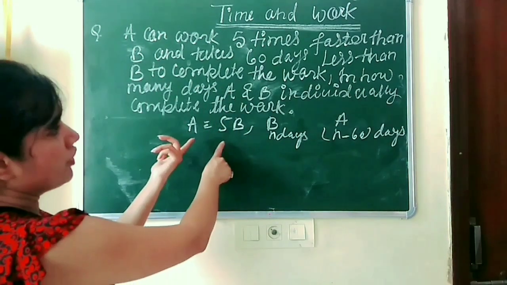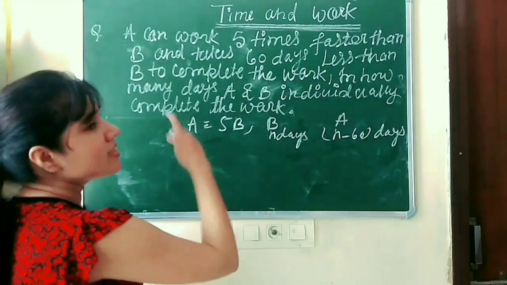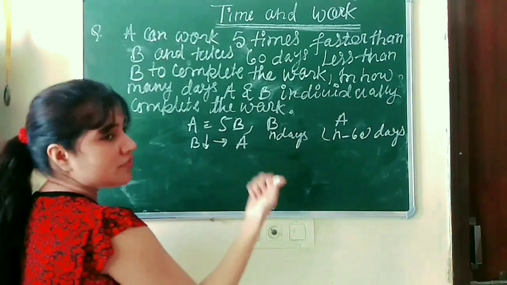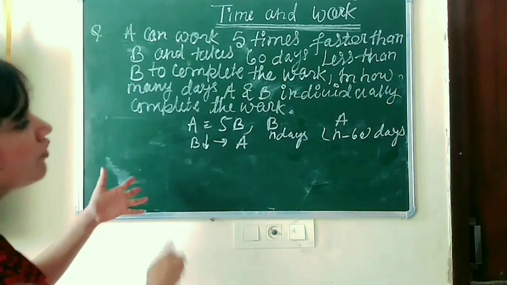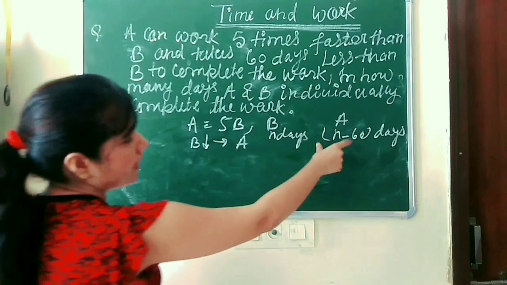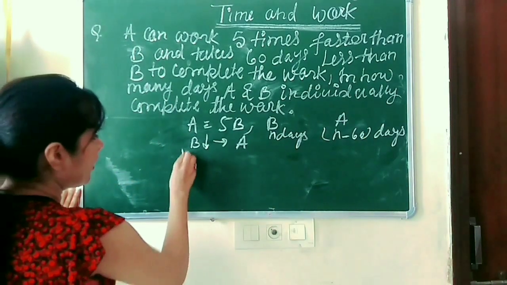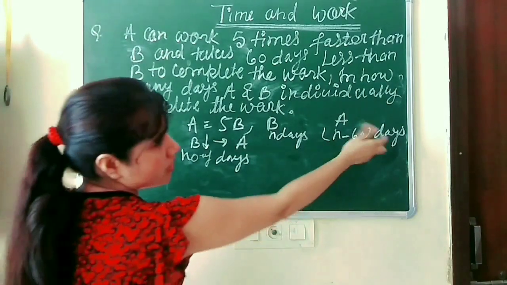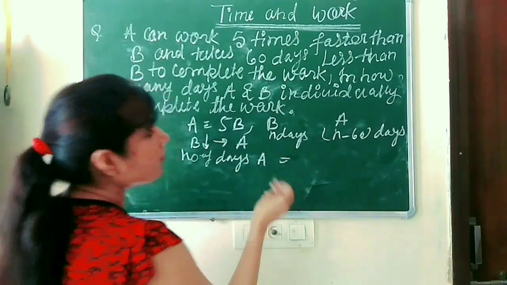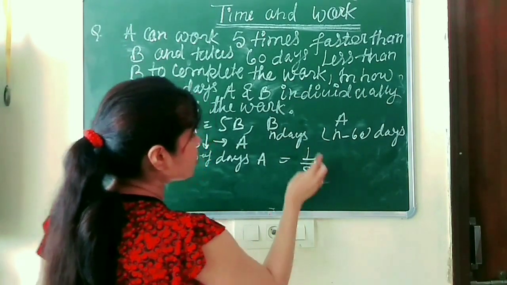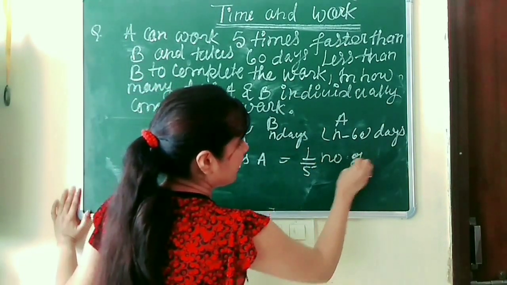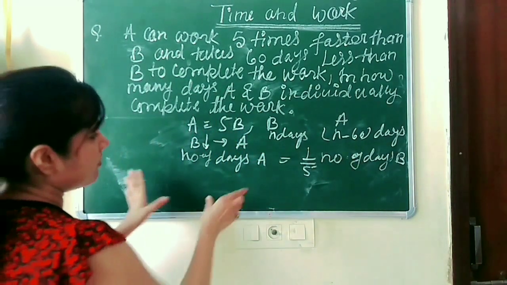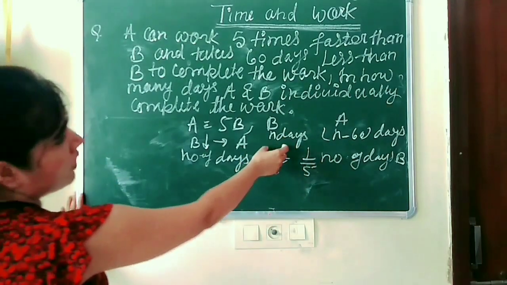Now from the question you can clearly see that B is less efficient as compared to A. So the number of days required to finish the work by A will be 1 by 5 times the number of days required by B. Now we simply put in this quantity.